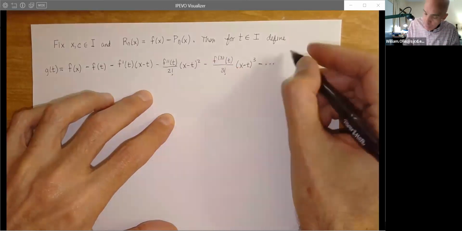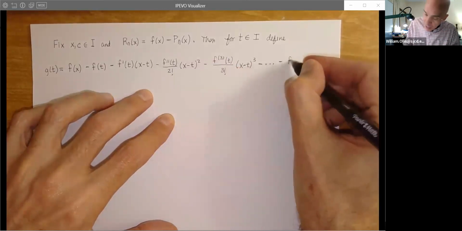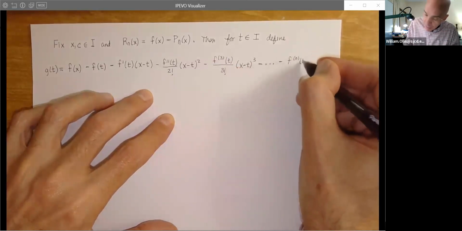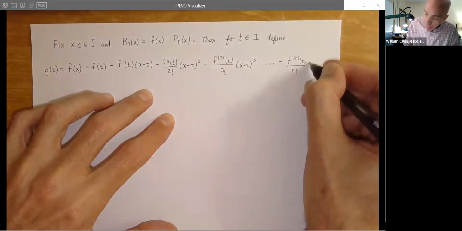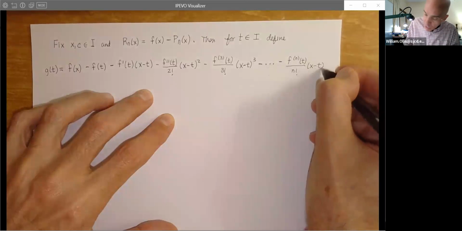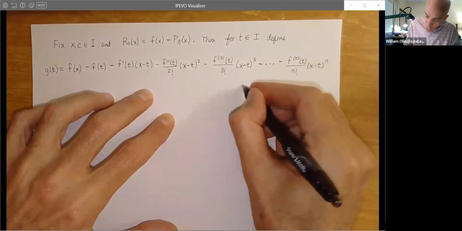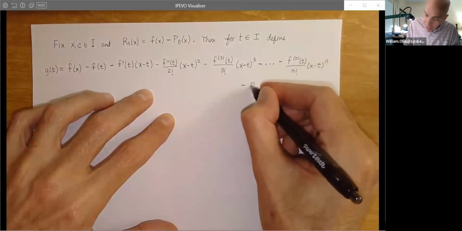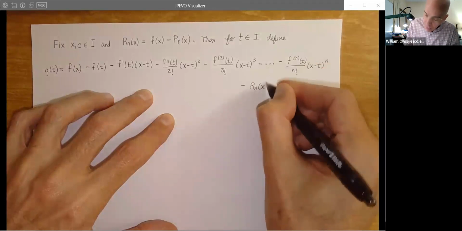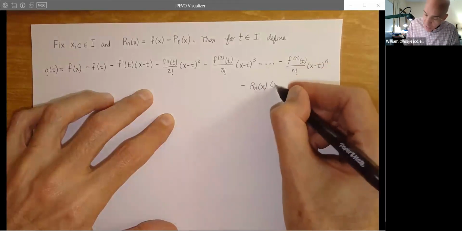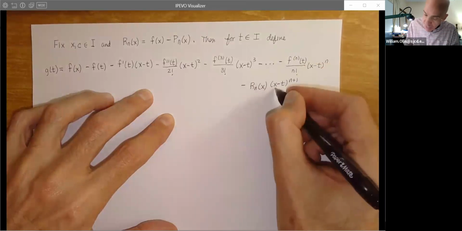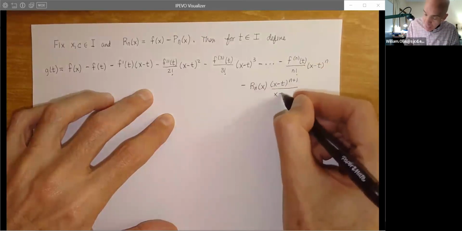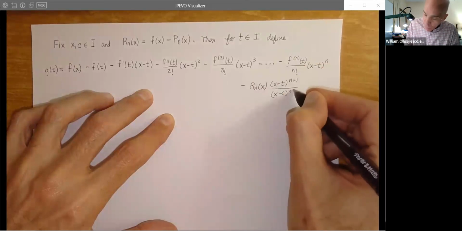And then we have minus the nth derivative at t divided by n factorial and x minus t to the n. And then this term here that utilizes the remainder with an x minus t factor to the n plus 1 divided by an x minus c factor to the n plus 1.